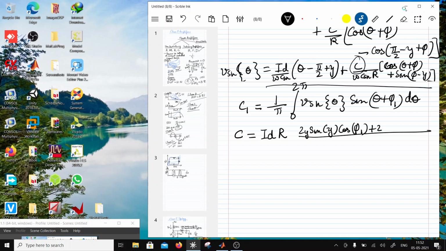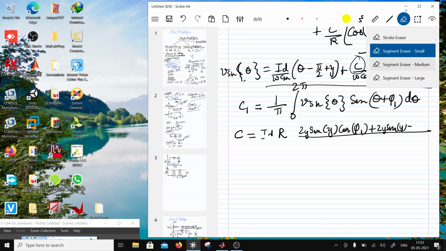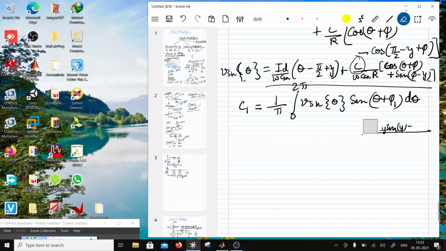Plus twice of y of sine of y minus, oh, I'm going to run out of space. Let's do this again. Okay, so from this I'm determining C, not C1, because once I have C1 I know C.